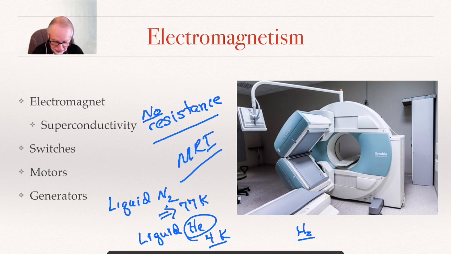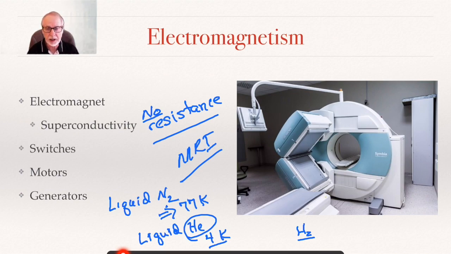And of course, in addition to that, electromagnetism is used in switches, solenoids, if you've heard that term used before, and motors. It's important for motors and generators, for the generation of electricity. You have portable generators, of course, and you may have one with your house in case the power goes out. You hook it up so that you can use it to generate power for your house during a power outage.